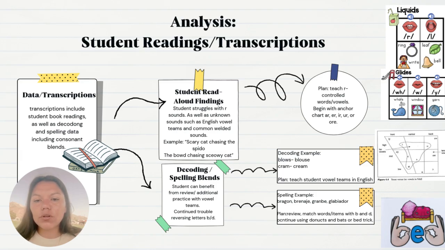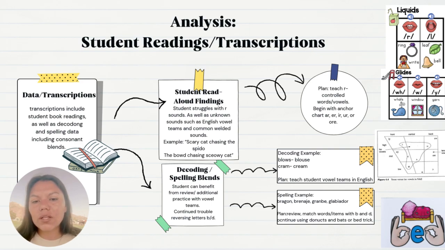What I did first was I analyzed my student's readings, and I found that she continues to struggle with R sounds, including English vowel teams and also bossy IR words. You can see that in some of the examples when she reads scary cat chasing the spider instead of spider, and the bird instead of the bird, and scary cat. So she substitutes a W sound for the R sound.